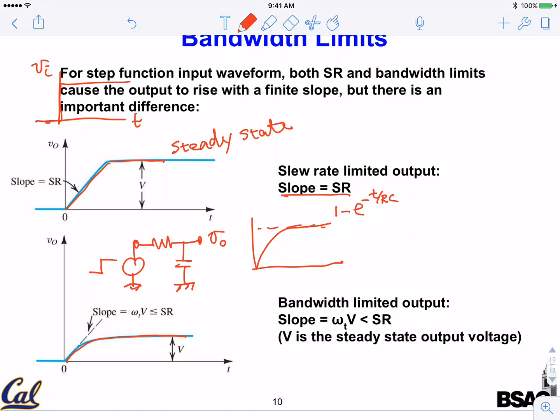If you measure the slope and it is less than the slew rate, then you are limited by bandwidth.